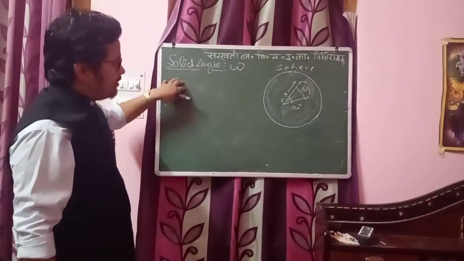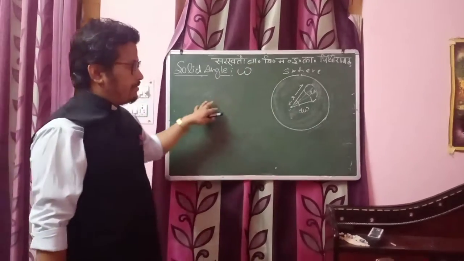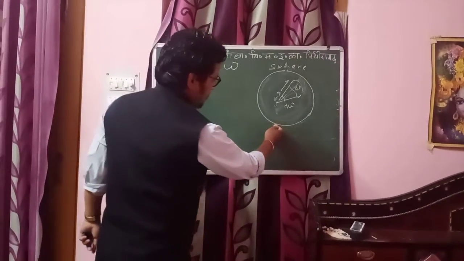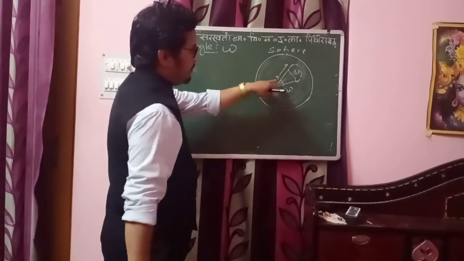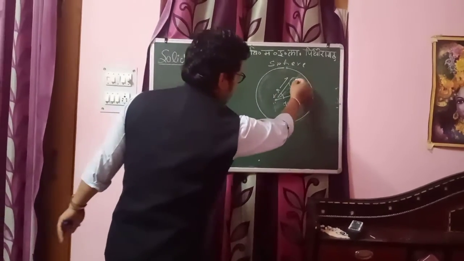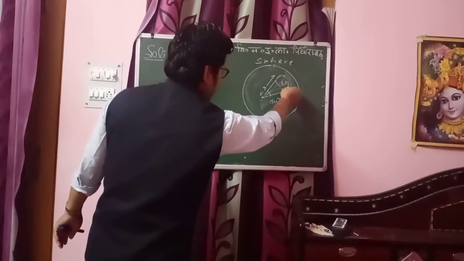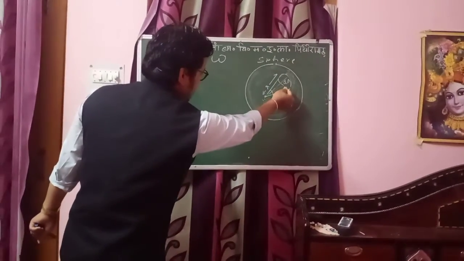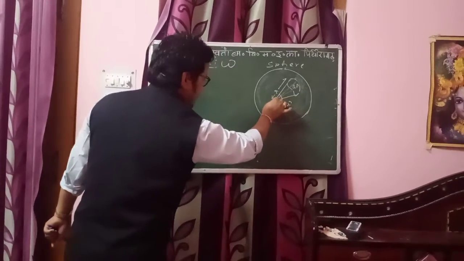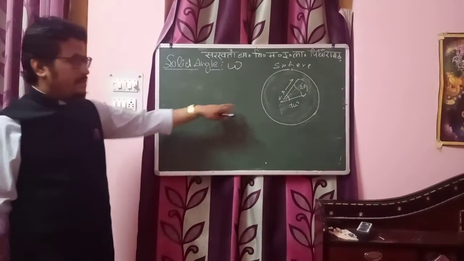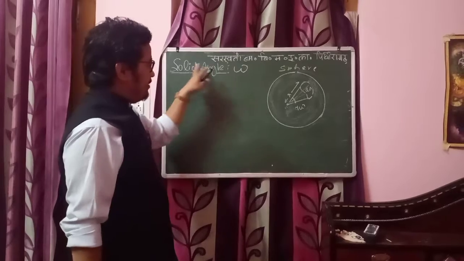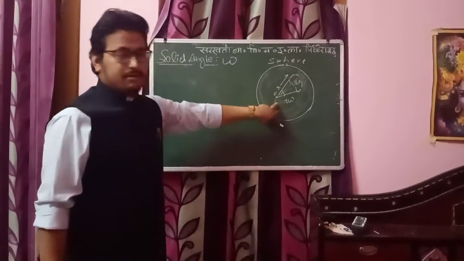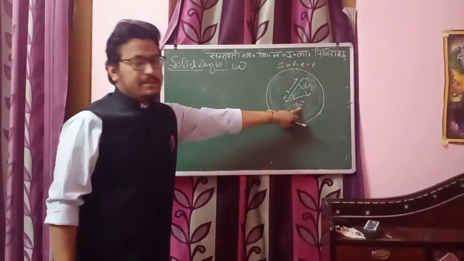How can we calculate the formula of this solid angle? I am taking the example of this geometry. This is the whole sphere of radius r. I have taken a small area element, dA. Then this small area element dA subtends an angle at the center O, which is the solid angle subtended by this small area element at the center of the sphere, denoted by d omega.